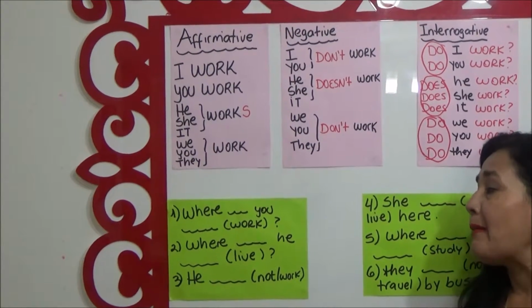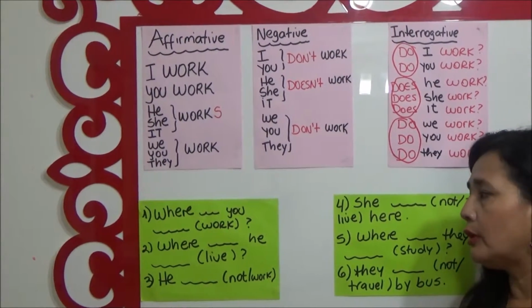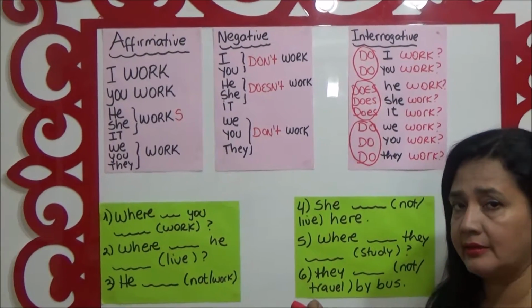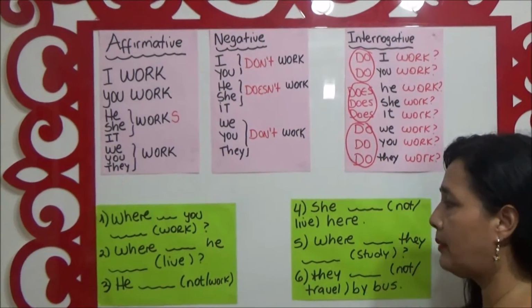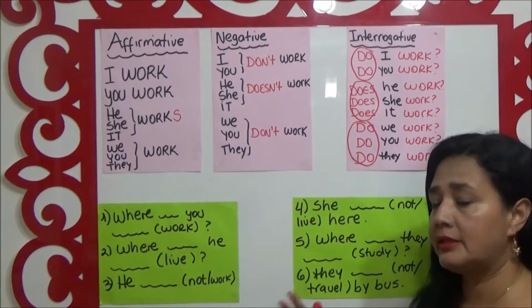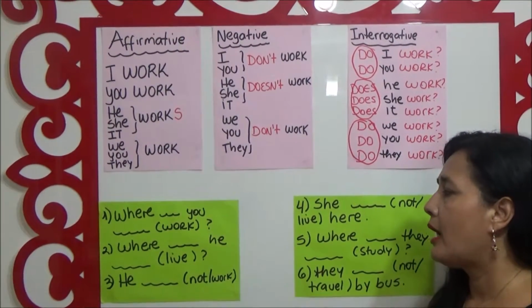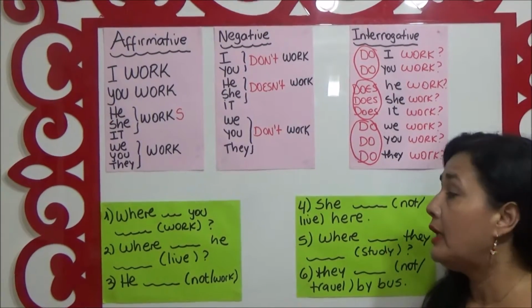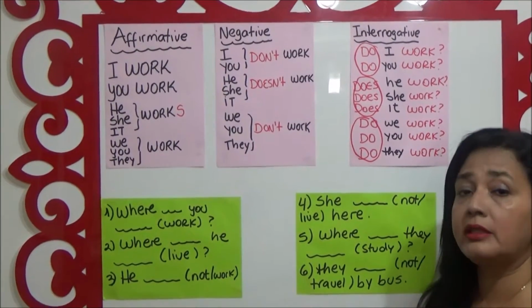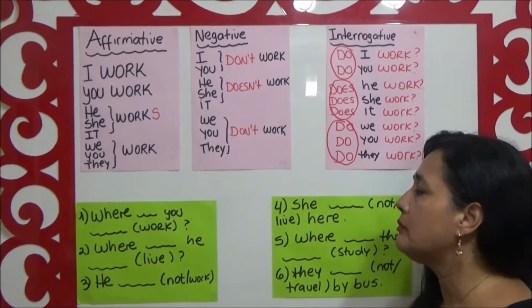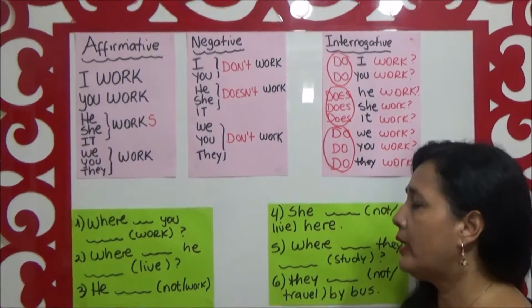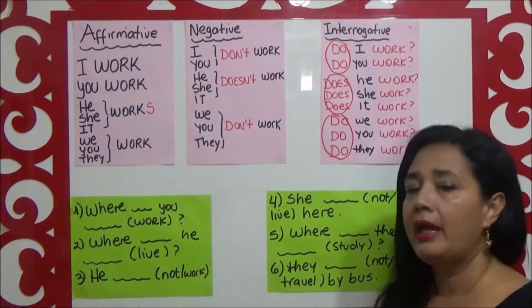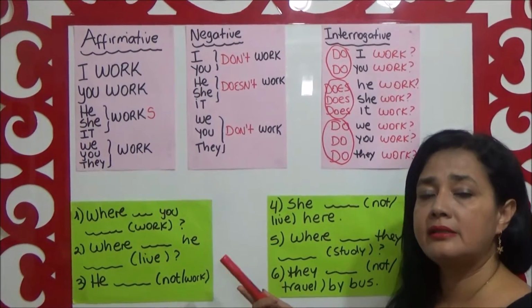For example, in number 1, first of all you have to read the whole sentence and check if it is affirmative, negative or interrogative. In this case it's an interrogative, a question: where you work. How can we complete sentence number 1?